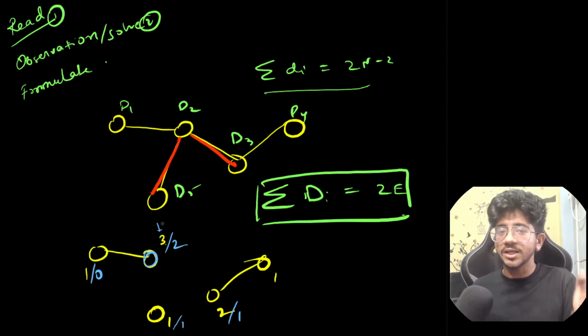Now there is this property that after adding those n minus m minus 1 edges, it has to be all connected, right? So every edge that you add in the graph has to connect two different components, or else it's never possible. Why is this true? Because at the end there are going to be n minus 1 edges and everything is connected.